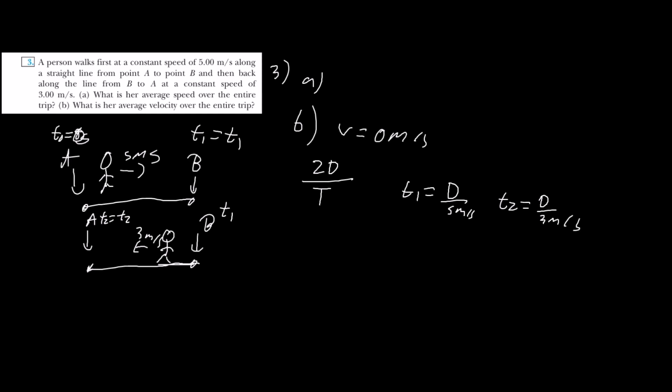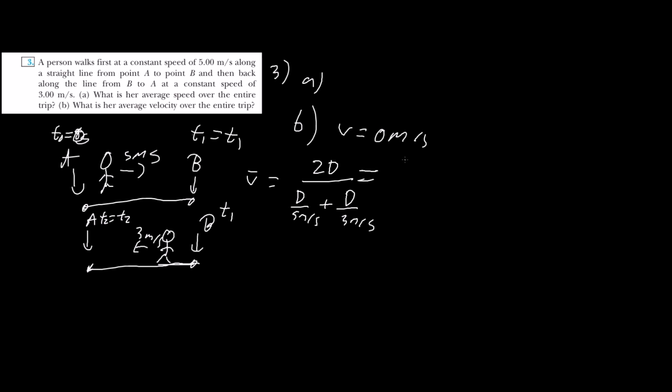What we're really doing is taking the 2d, the total distance it travels, divided by the total time interval, which is d over 5 meters per second added to d over 3 meters per second. Once you work out the units, this would be 2 over 1 over 5 plus 1 over 3 meters per second.